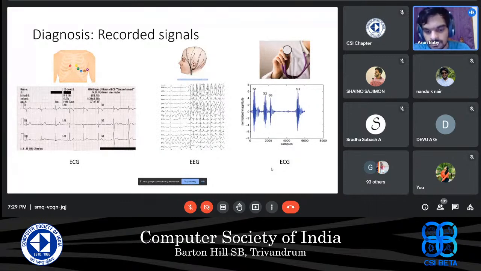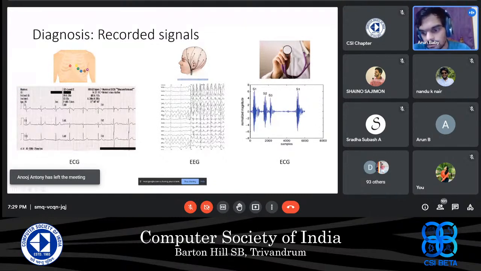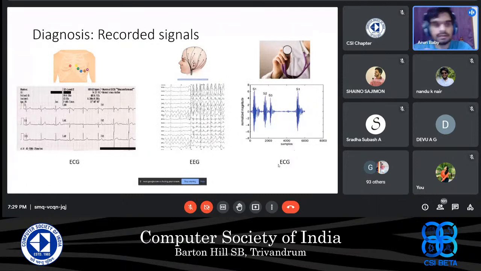Even with this sound recording, a trained clinician can detect symptoms for heart disease, lung disorders, etc. Actually, there's a typo here. It's actually PCG. It's phonocardiogram. Sorry for that. So these are the most common signals that are used for machine learning in this area.